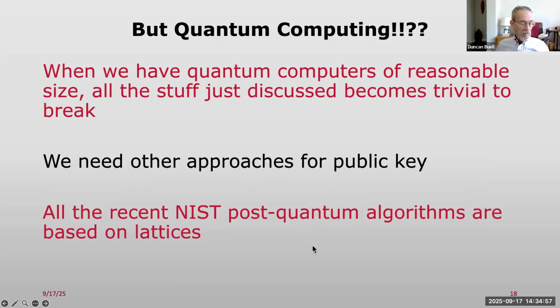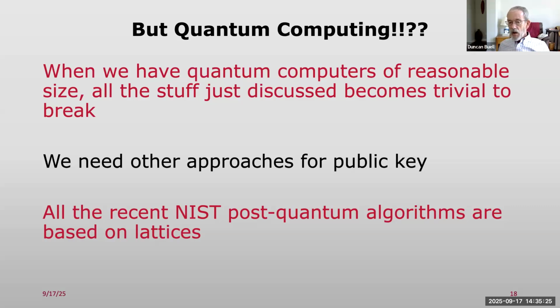Now, what's the problem? Once we get quantum computers of a size big enough to attack these problems, the solution becomes trivial. Factoring on a quantum computer with enough qubits is a trivial problem.